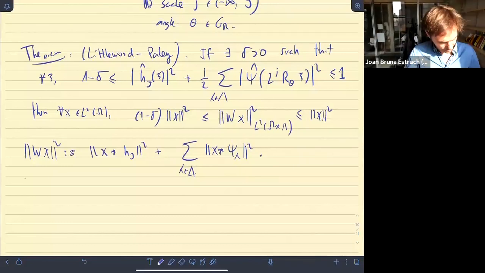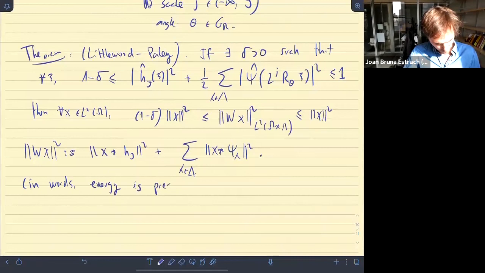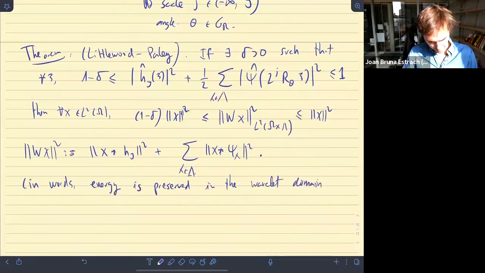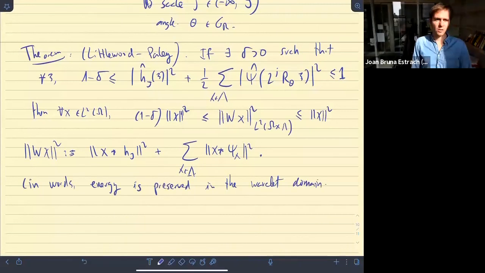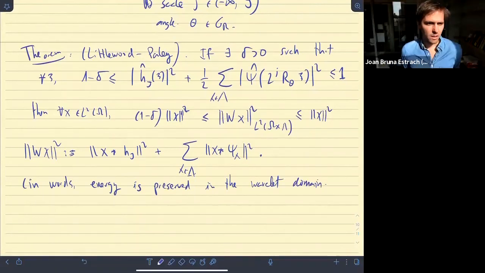Okay, so in other words, energy is preserved in the wavelet domain.